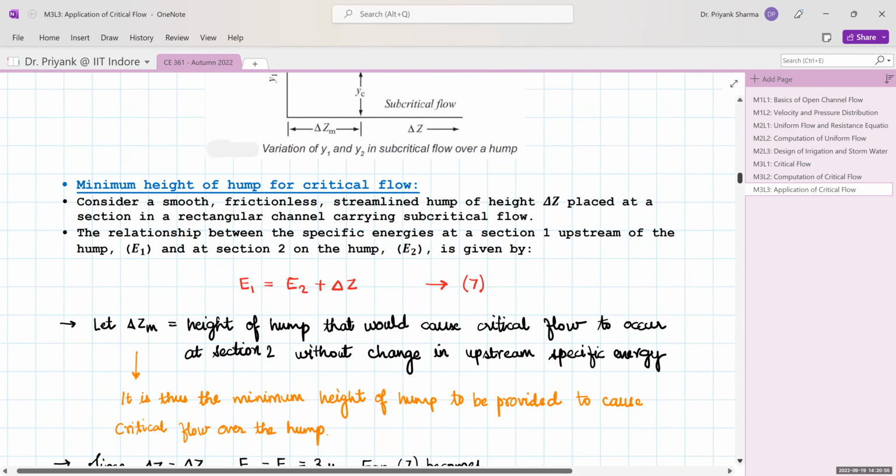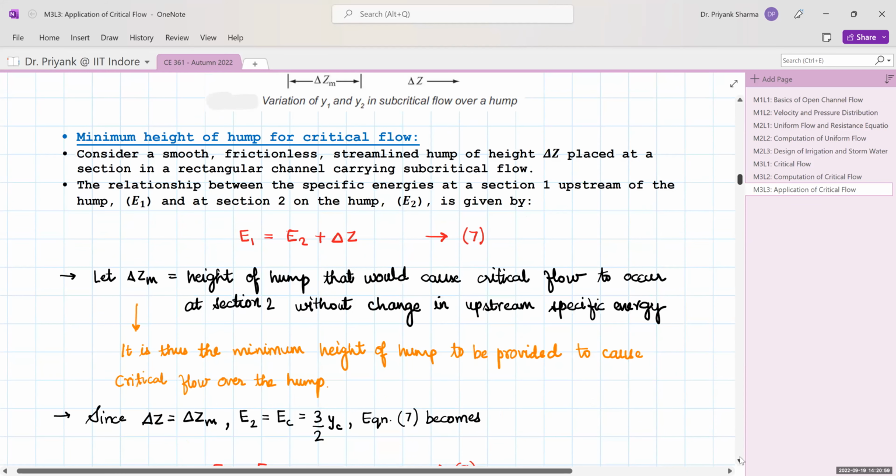So let us compute the minimum height of hump that is required for critical flow to happen at section 2. Again our assumptions carry on, that it is a smooth, frictionless and streamlined hump placed in a rectangular channel, and it is carrying a subcritical flow. With the help of that relationship, you get that E1 is equal to E2 plus delta Z. So that relationship we have.